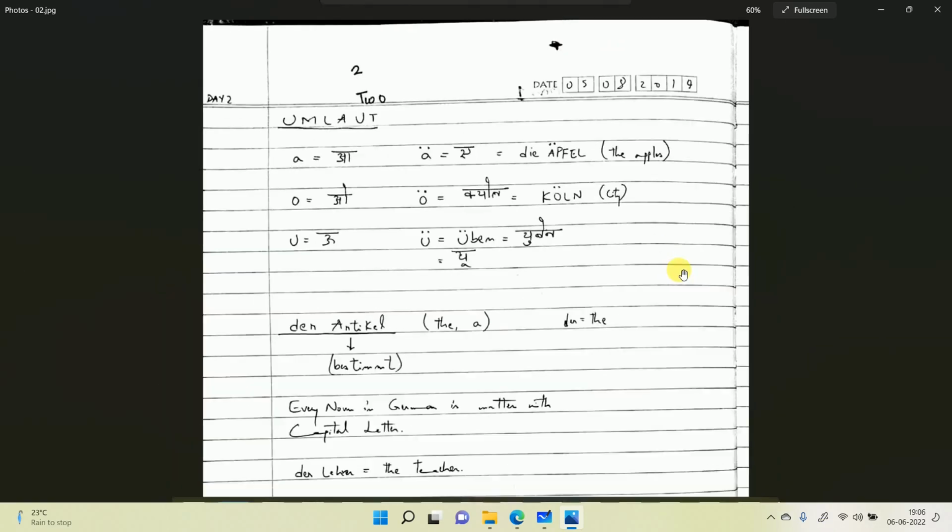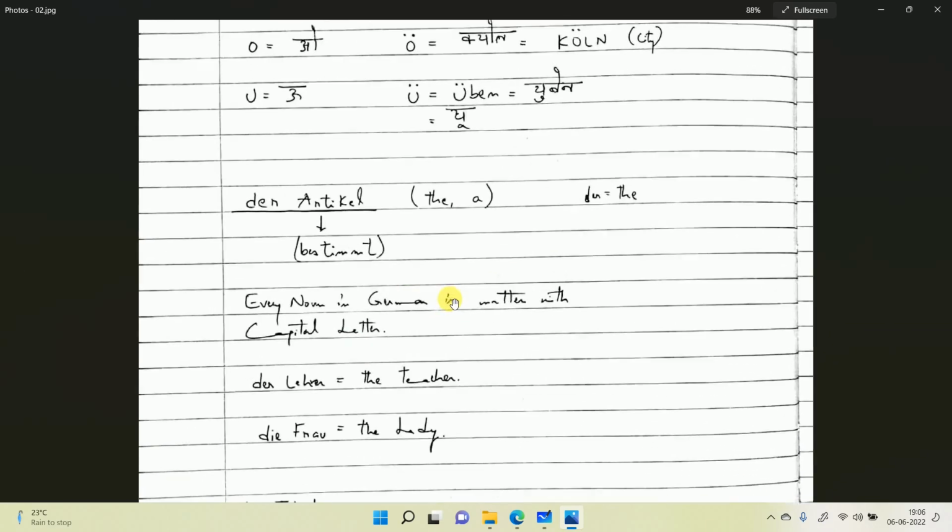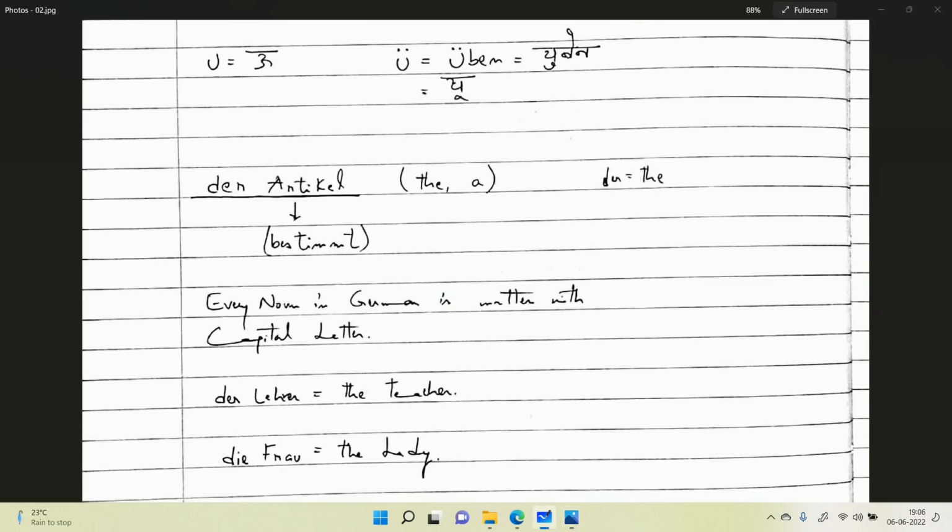Okay. Then let's proceed with today's class now. So, friends, in today's class, I would like to tell you a brief description of how German language looks like. There are quite a lot of differences between the English language and German language. First of all, we will be talking about articles.